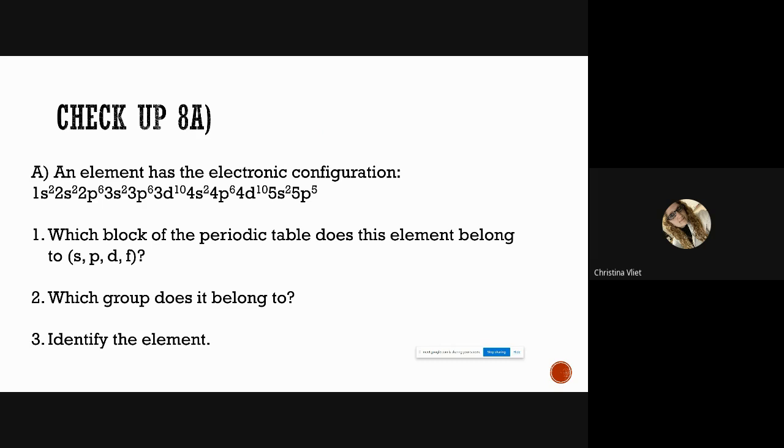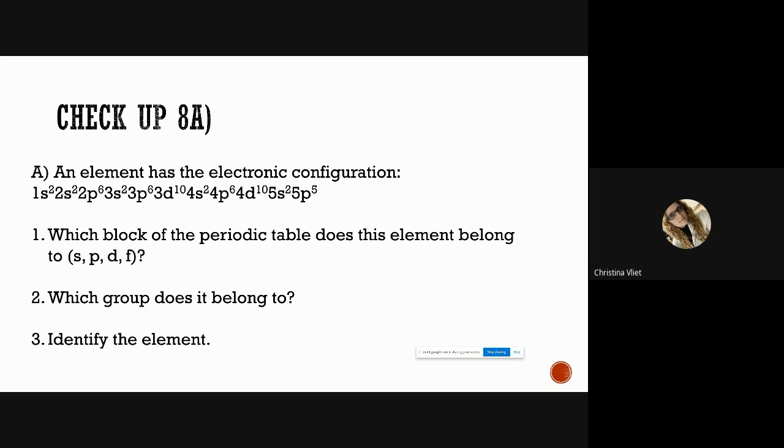An element has the following electron configuration, and so on, 5s2, 5p5. Which block of the periodic table would this element fall into? Just take the commas out. And this is 3.